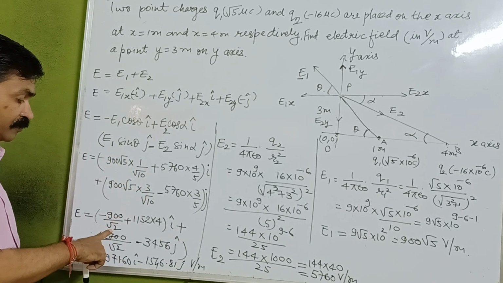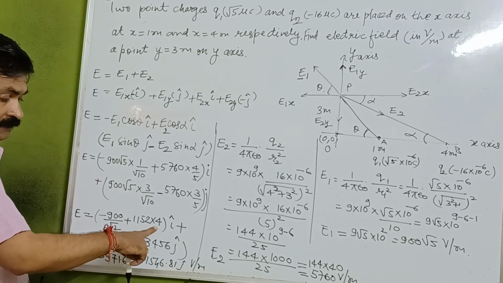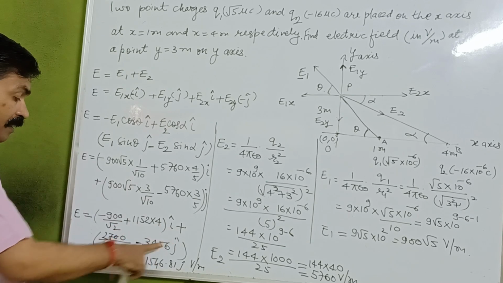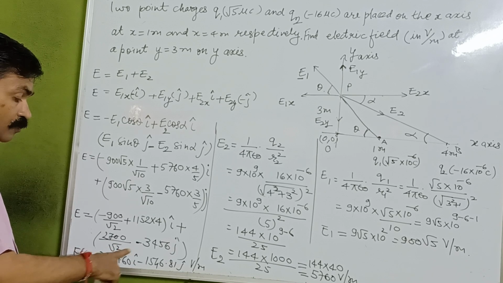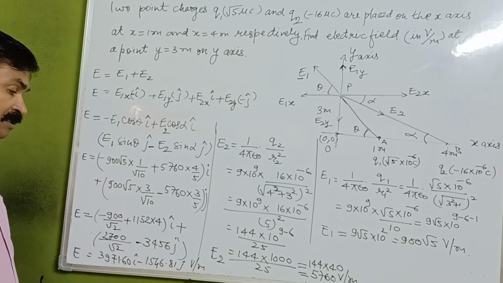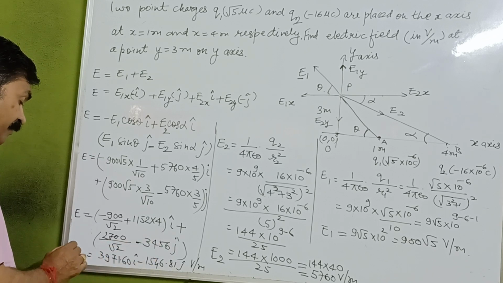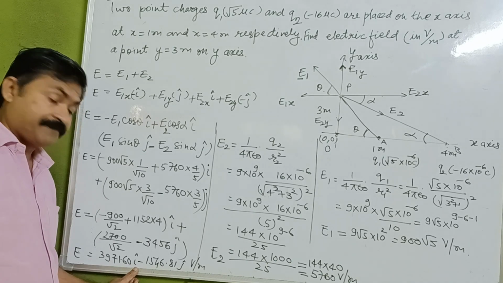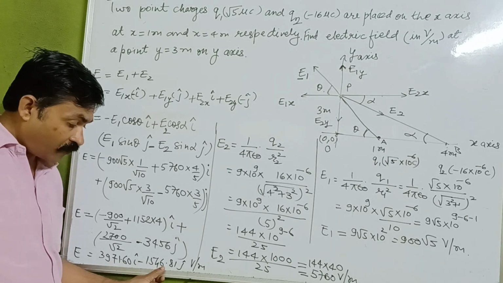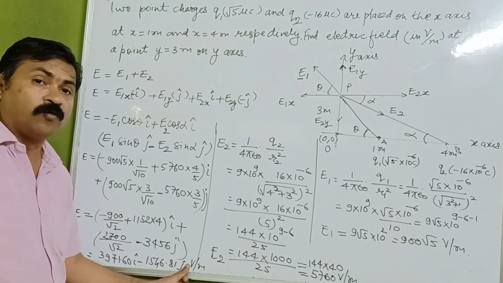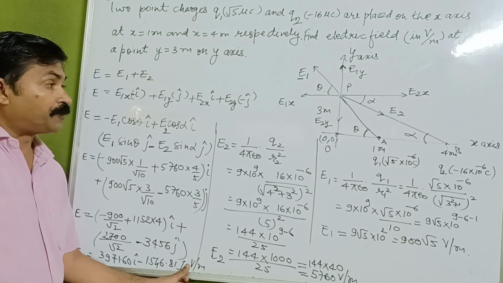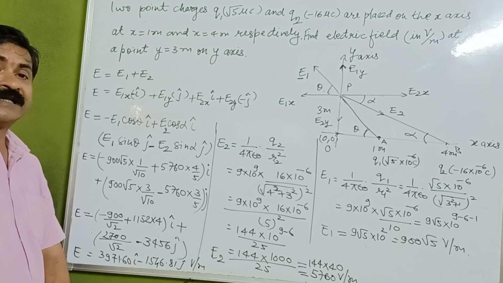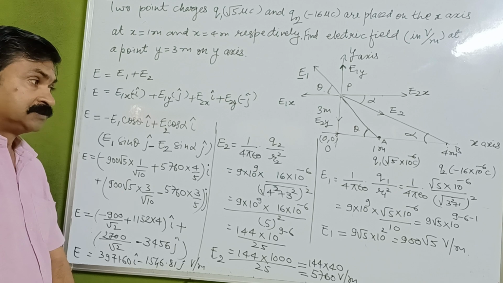If we calculate finally, we have the final value: 3971.60 i minus 146.81 j volt per meter. So finally we have calculated the electric field.